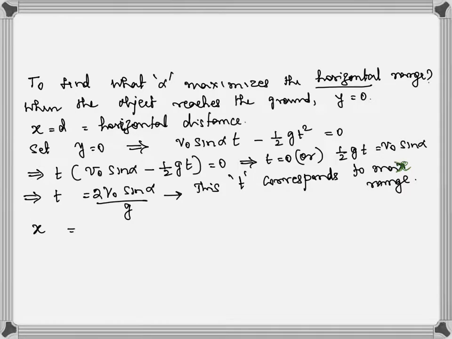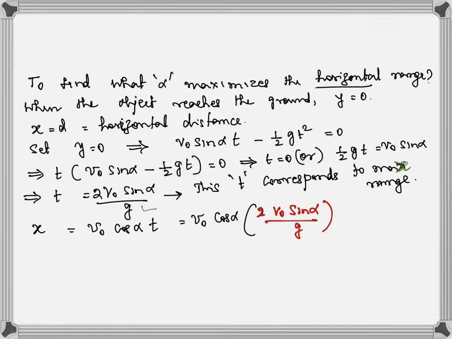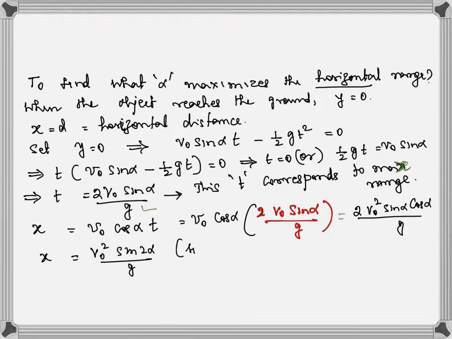So x equals, from what we have proved earlier, V0 cosine alpha t. So V0 cosine alpha t can be replaced by what we got here. That will be 2 V0 sine alpha over g, which can be written as V0 squared 2 sine alpha cosine alpha over g, which is V0 squared sine of 2 alpha, double angle formula, over g, because 2 sine alpha cosine alpha equals sine of 2 alpha from trig.